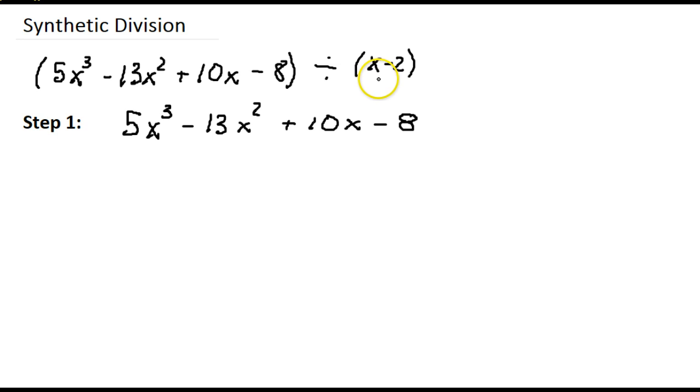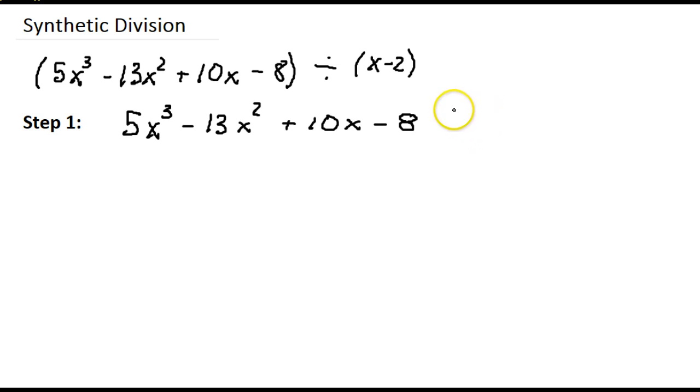So the first step we need to do is write the terms of the dividend so that the degrees are in descending order, meaning they go from bigger to smaller. So we have 5x cubed minus 13x squared plus 10x minus 8. So we have all of the descending exponents represented. If we had one missing, we would represent that with a 0 as a placeholder. But in this instance, we do not.